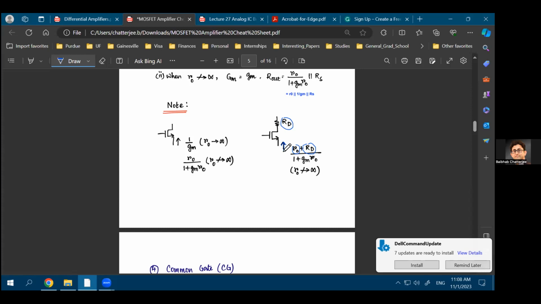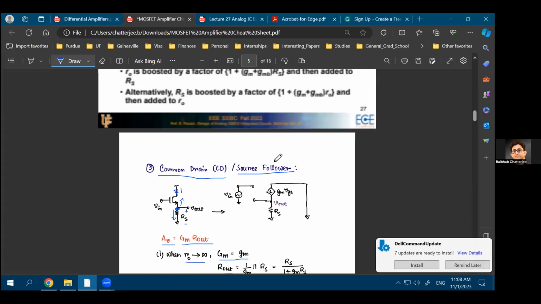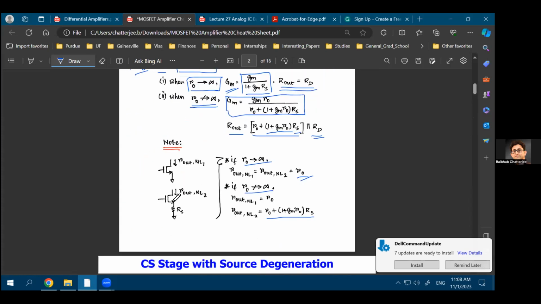So it's as if, as you are looking from the source, everything gets divided by 1 plus GMR. As you look from the drain, everything gets multiplied by 1 plus GMR. So if you go back here, as you are looking from the drain, the RS gets multiplied by 1 plus GMR. If you solve the small signal model, you'll see the proof.